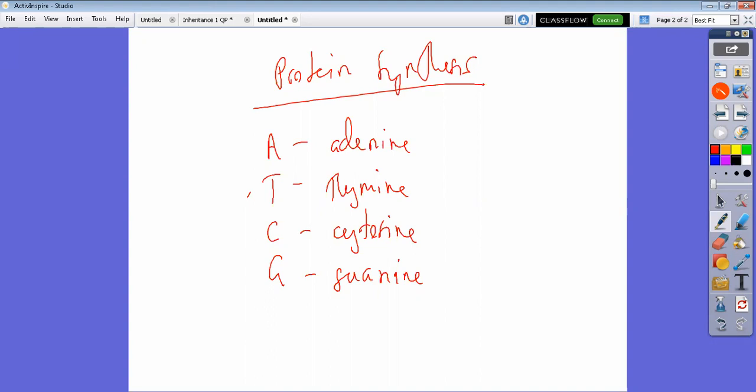So A is complementary to T and C is complementary to G.